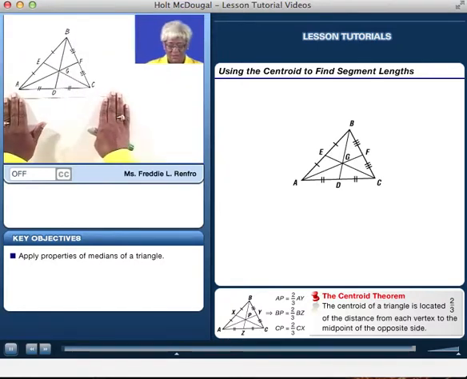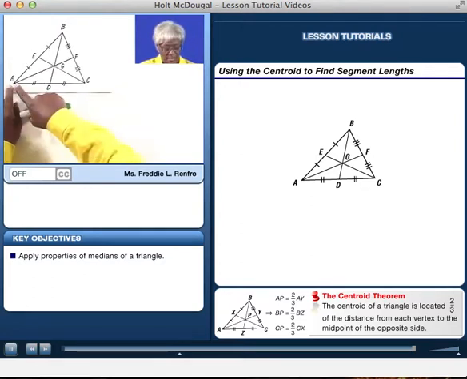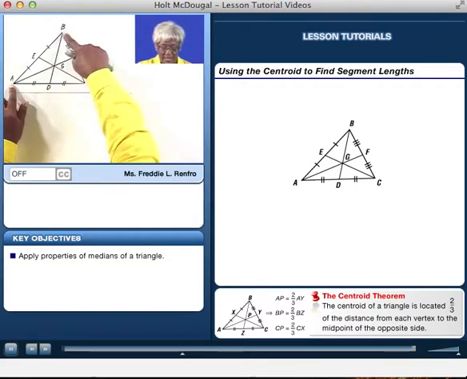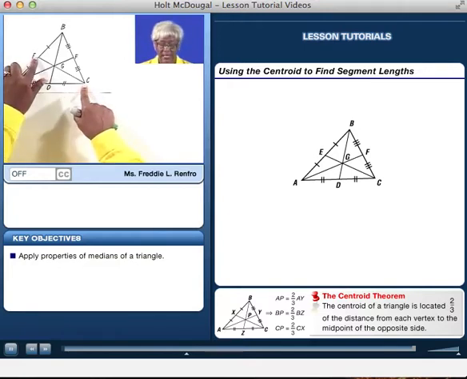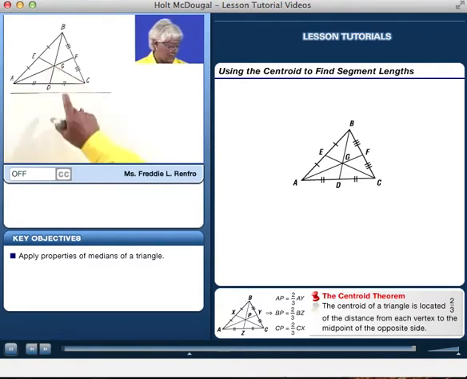We have a triangle, and notice we have three medians that have been drawn. Median line segment AF, median line segment BD, and we also have line segment CE. Where are they meeting? At point G, which is called the centroid.